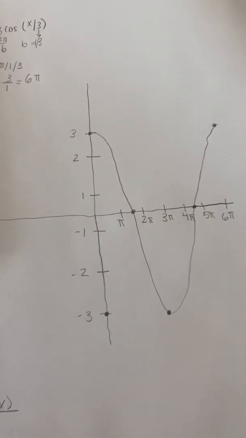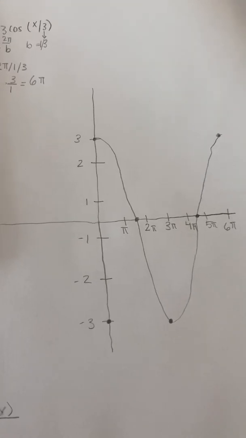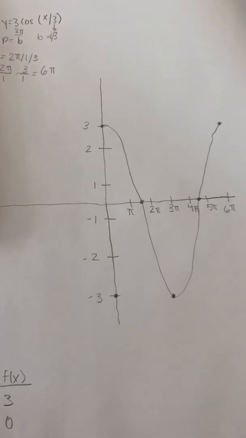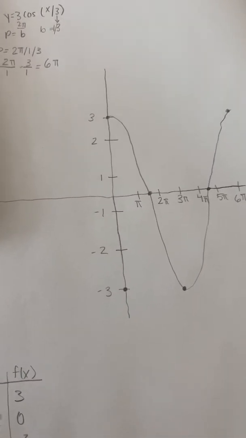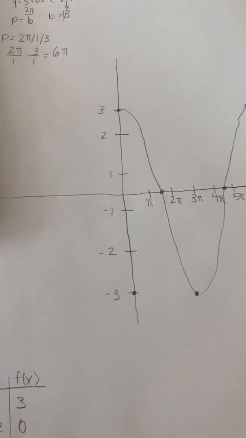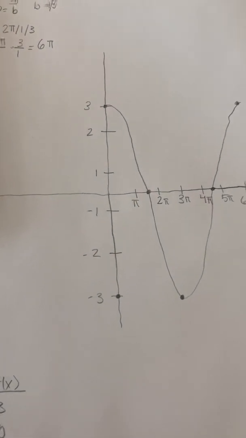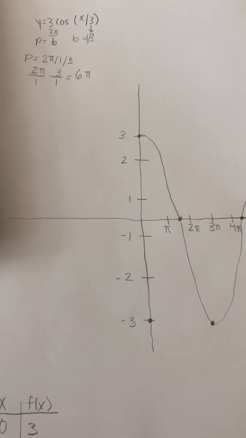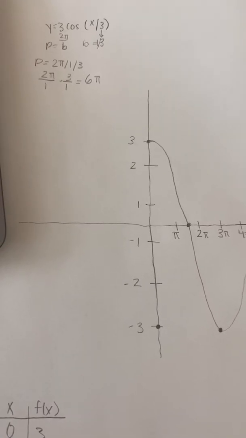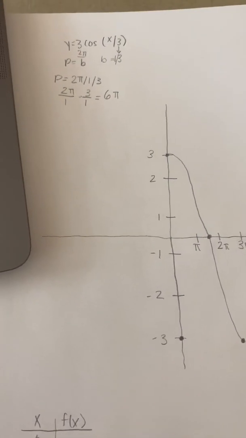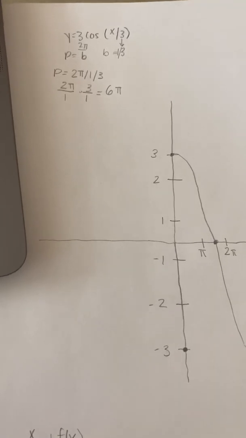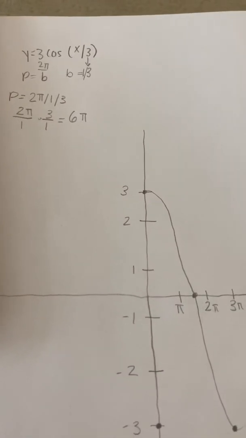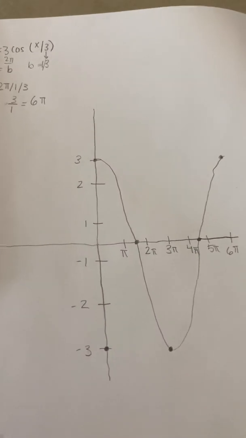Our domain would be -infinity to infinity, and our range would be -3 to 3 in brackets. Our y-intercept is 3, and our frequency of critical points is 1/3, I believe. And I already said the pattern.